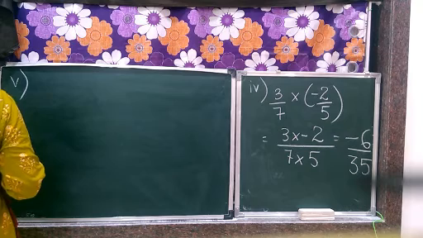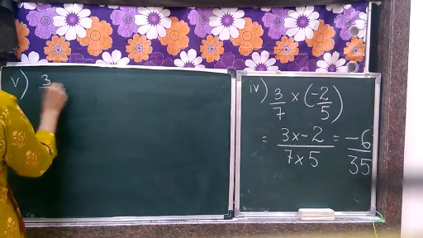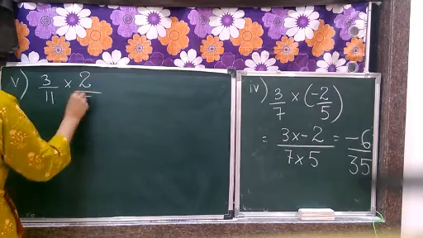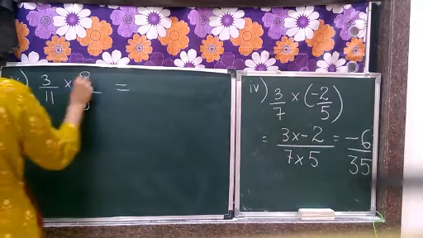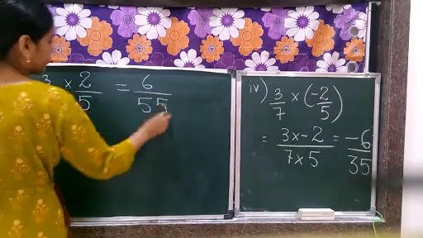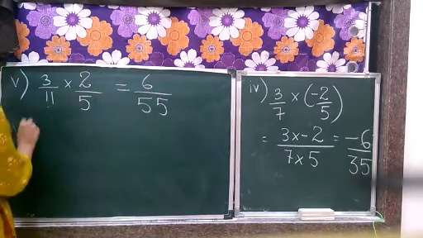Fifth one is 3 twos are 6, 11 fives are 55. Directly.